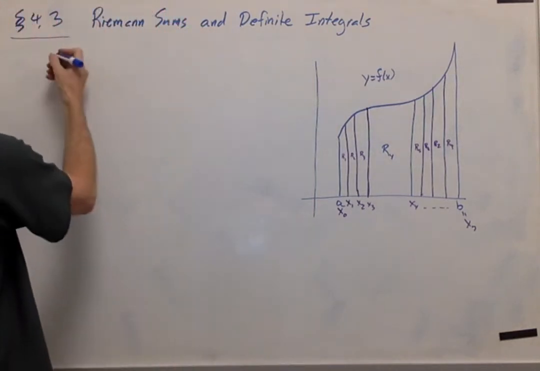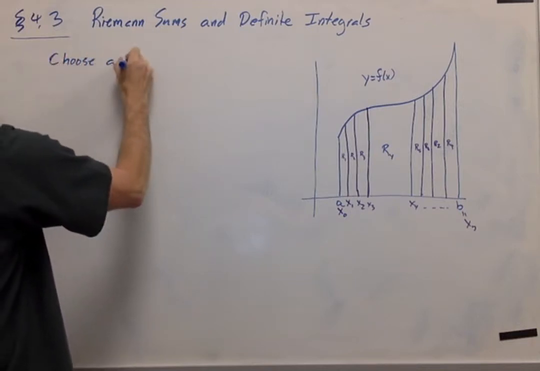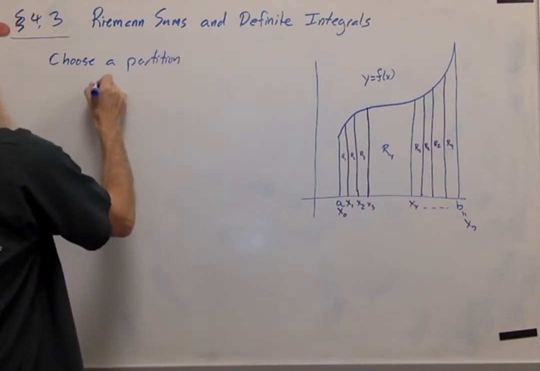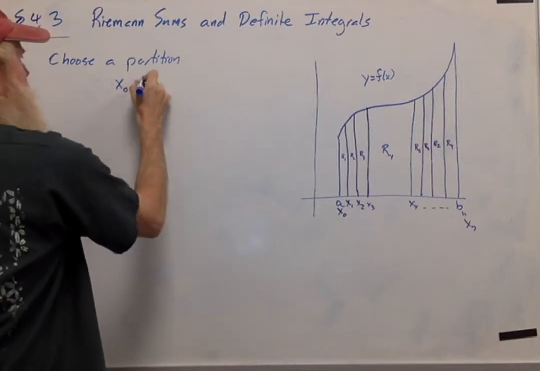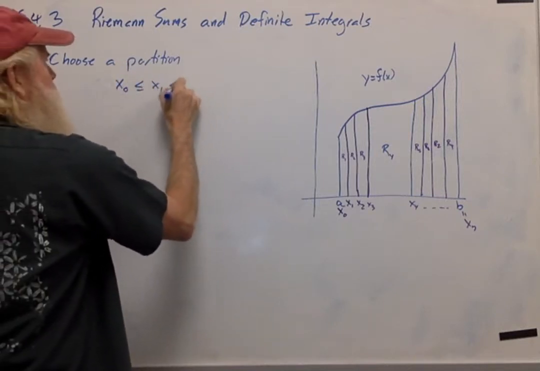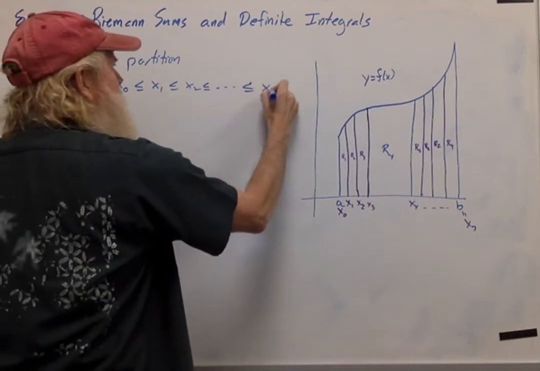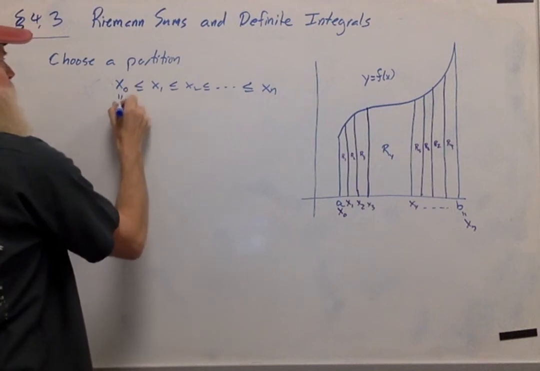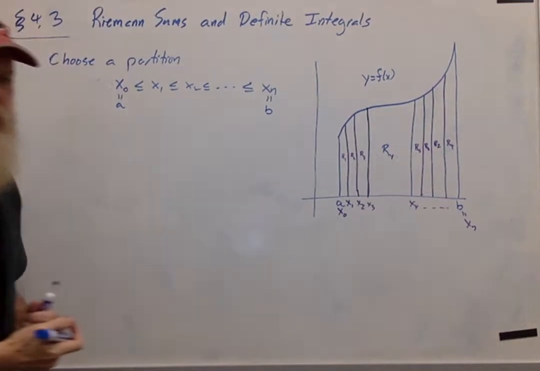So our first step is to choose a partition x naught, x1, x2, all the way up to x sub n. So this is an increasing sequence where x naught is my left endpoint A and x sub n is my right endpoint B.